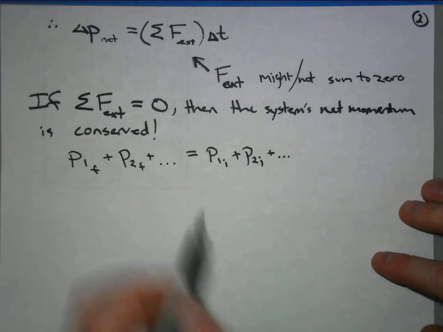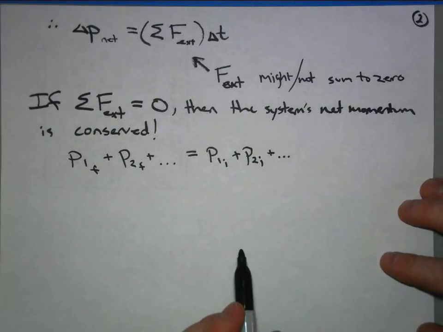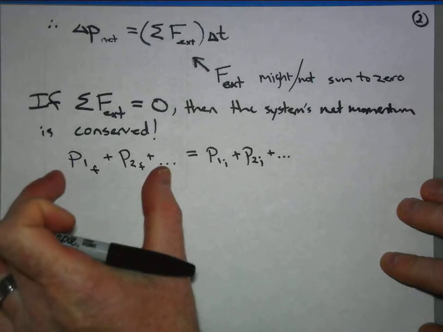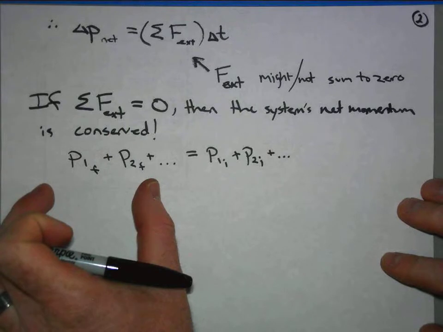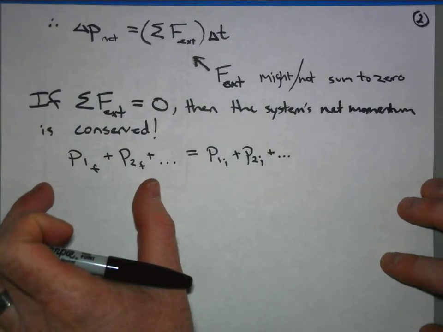So we see that the sum of individual momenta before and after is the same. There is no change in the momentum of the whole system.